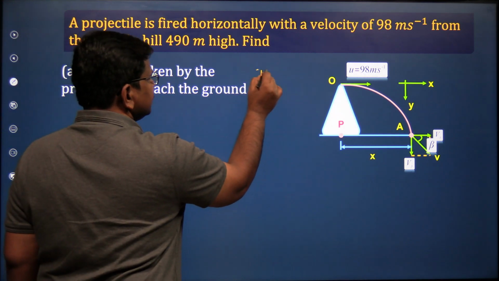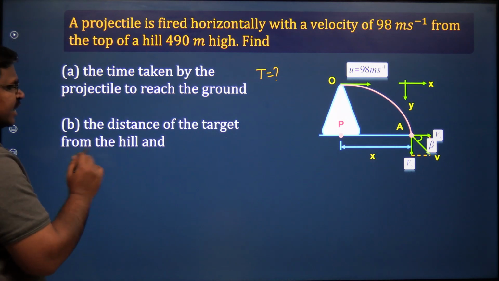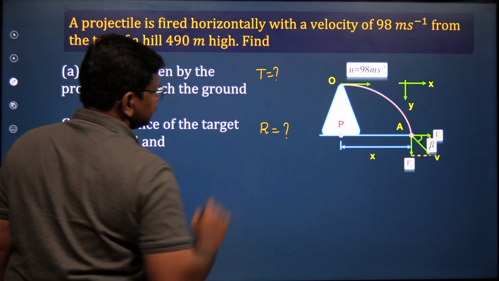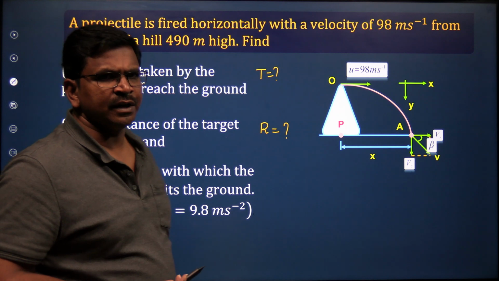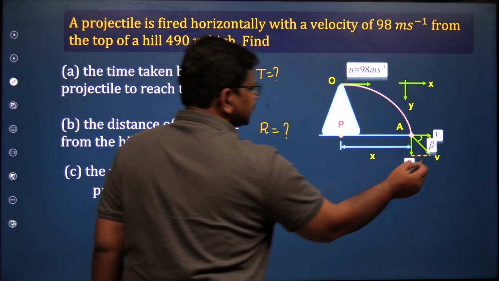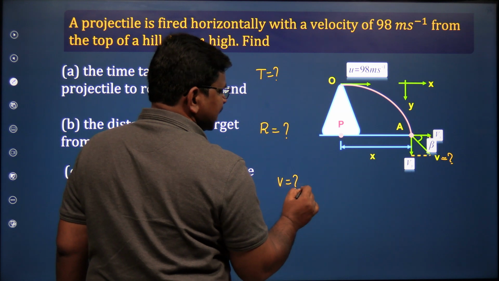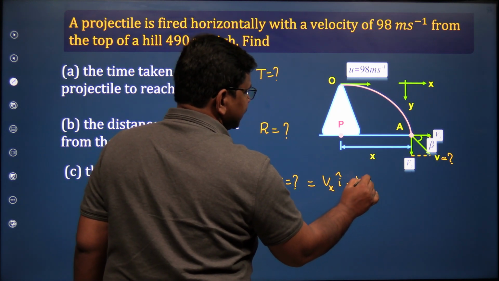That means the time of flight, capital T, is how much. The second question is the distance of the target from the hill, that is the range. And finally, the velocity with which the projectile hits the ground. So this is the final velocity, how much? So this is v, and v is actually vx in i direction plus vy in j direction.